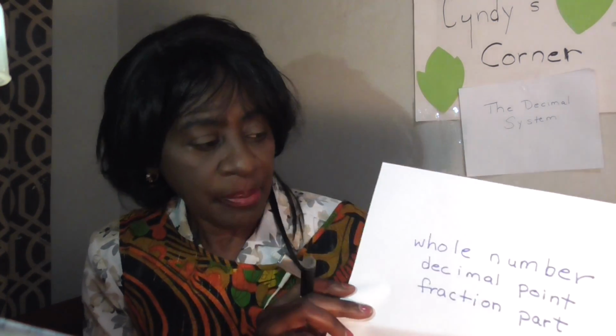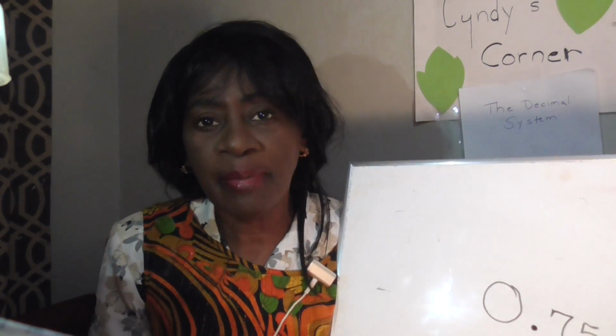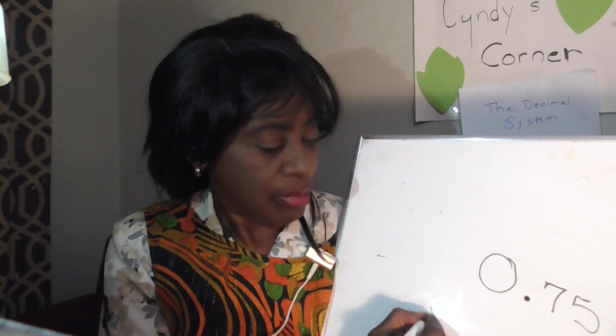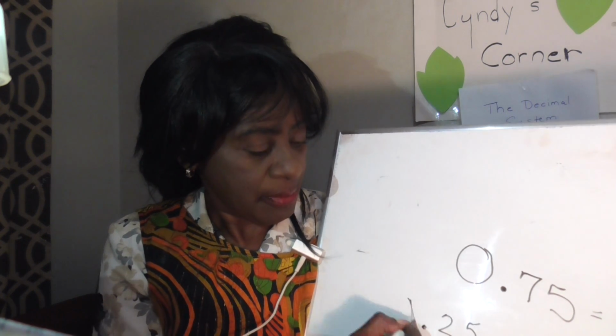So one of the main things I want you to remember today is that in the decimal system, there are 3 parts. The whole number, the decimal point, and the fraction part. In math, talking, as I said before, meetings, economics, math class, it might be mentioned, 1.25.